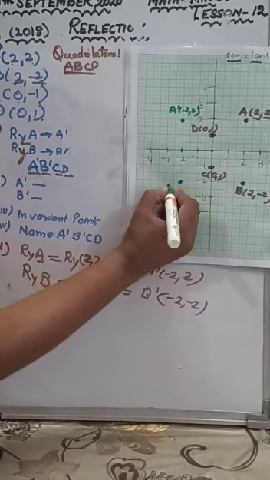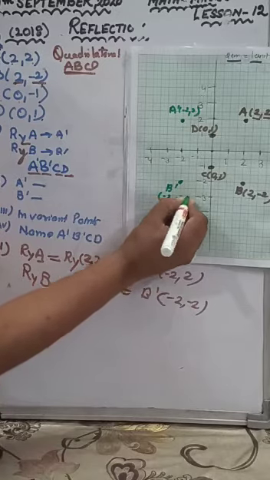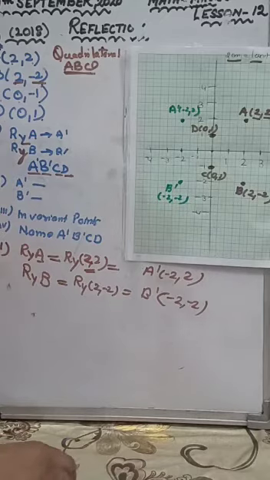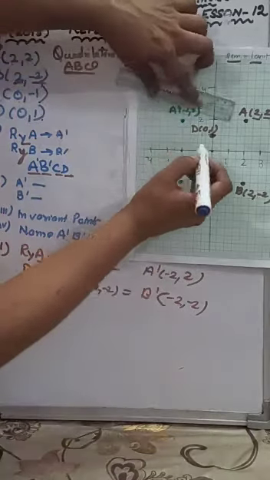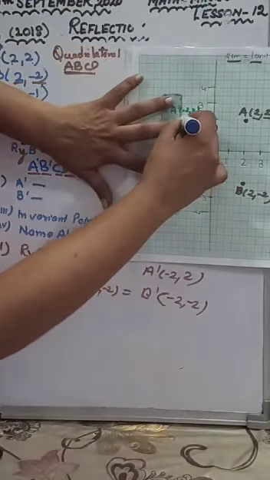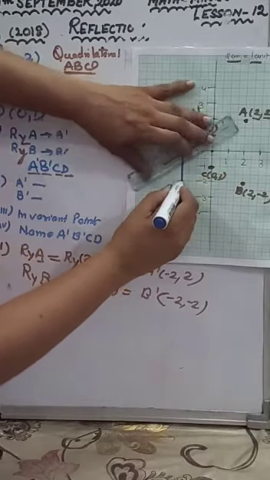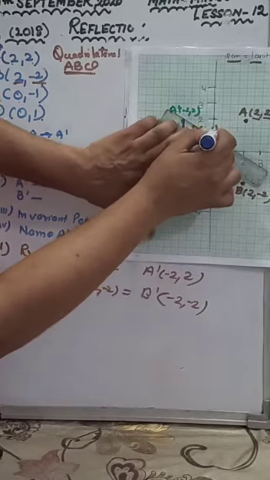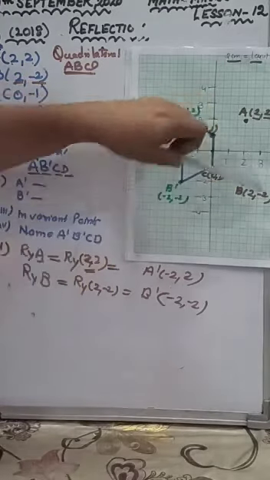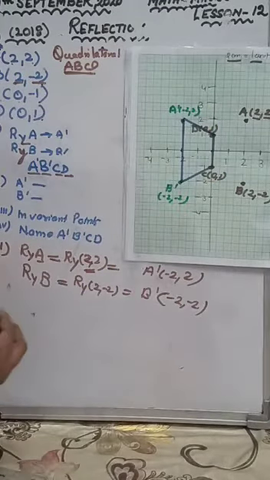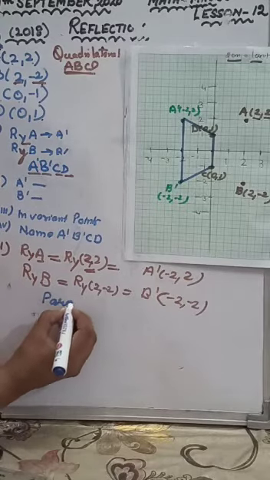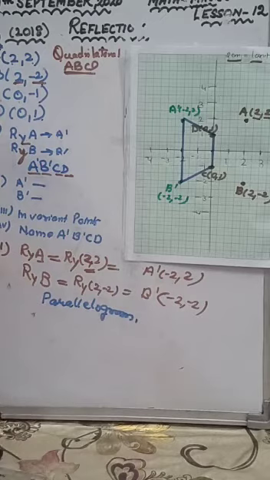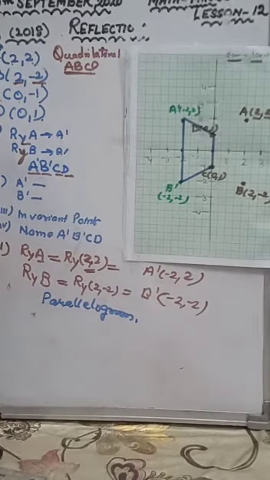This will be the point B dash. And what we have to do? We have to join them and see the figure: A dash, B dash, then C, D. So this is your parallelogram.